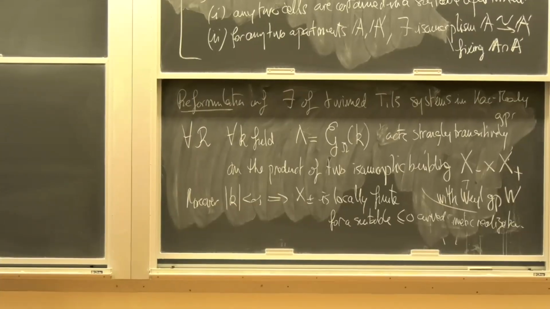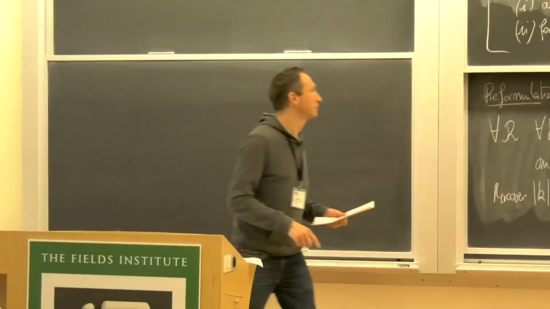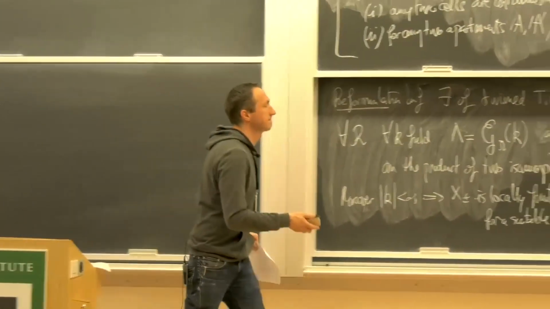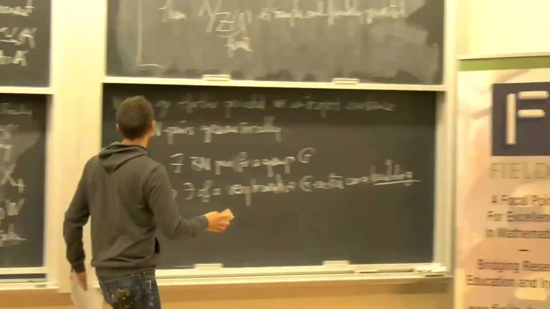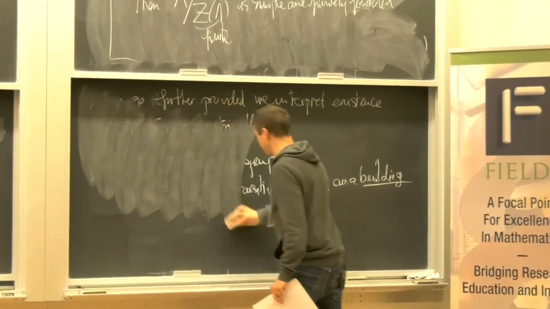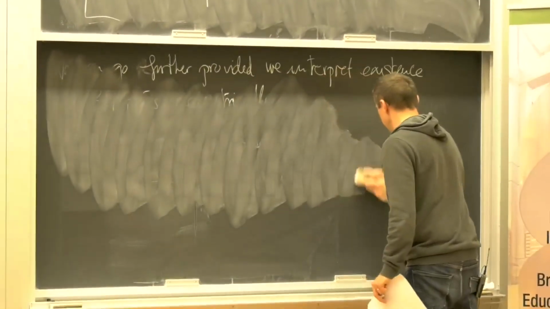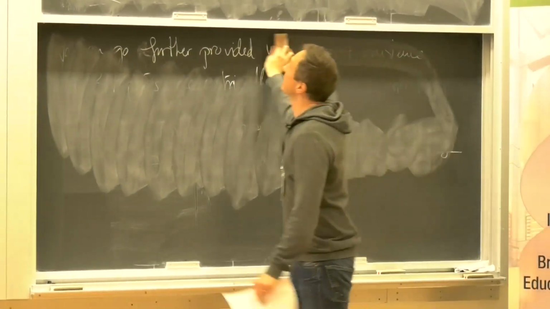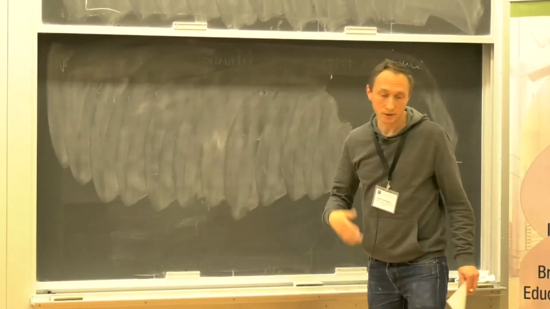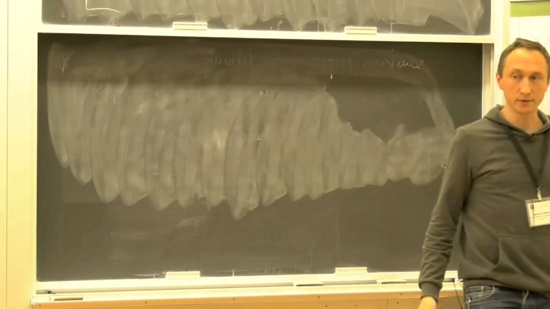Now I will be a bit shorter on topological group theory. So I should say that after this 2006 result, there were other results which are more relevant to geometric group theory.